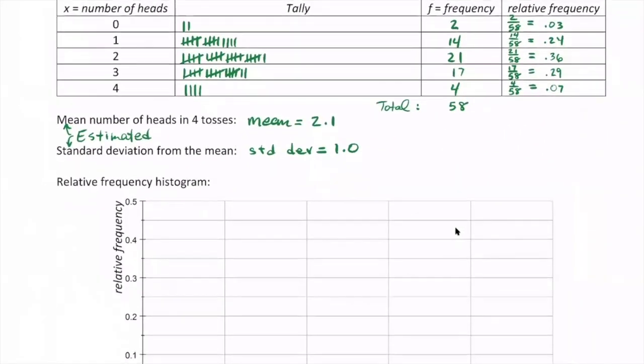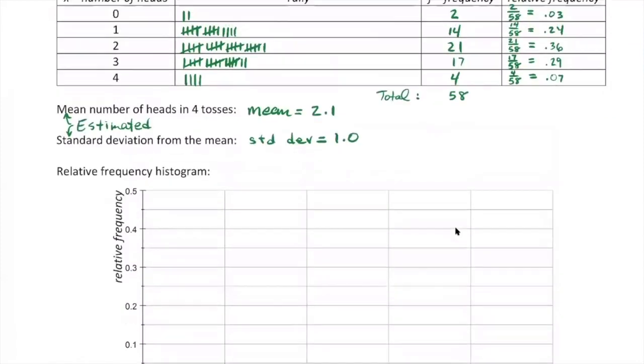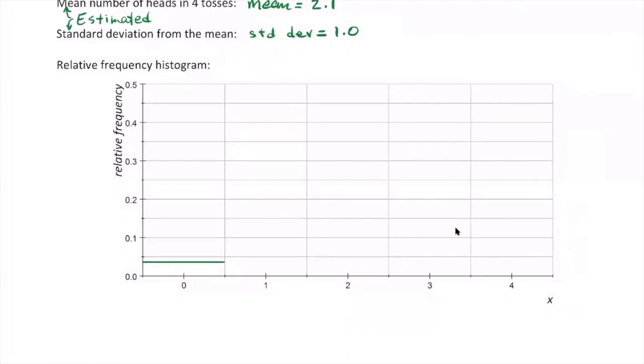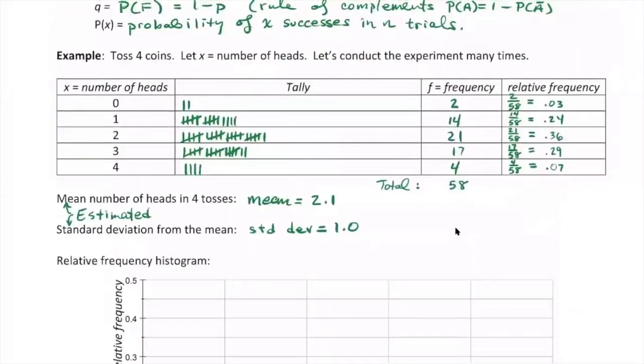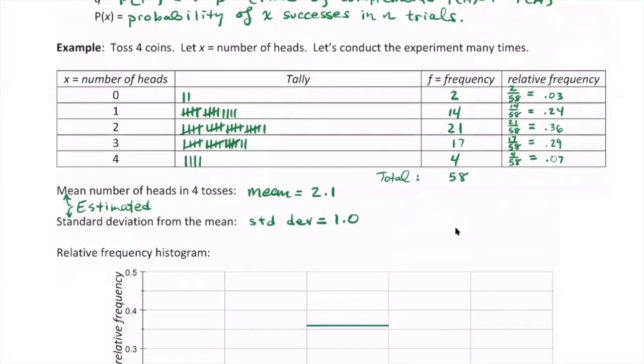So we had a 0.03, down here-ish, hang on. 0.03, next one was 0.24. Next one was 0.36. Next one, 0.29.